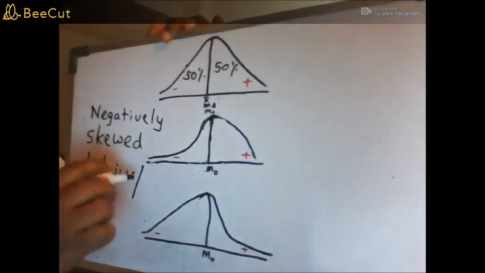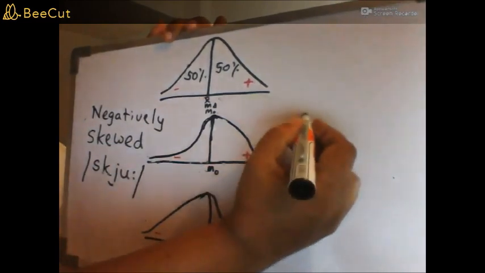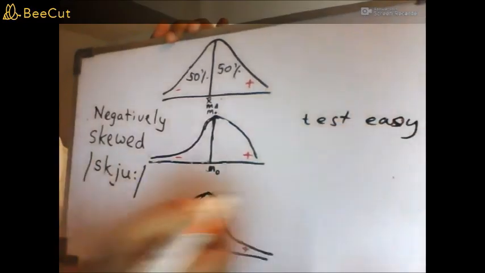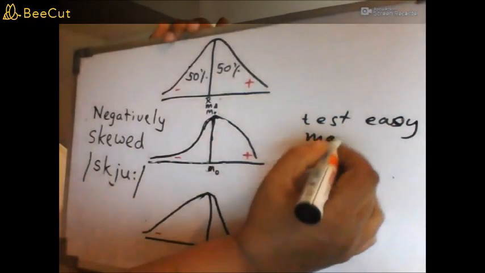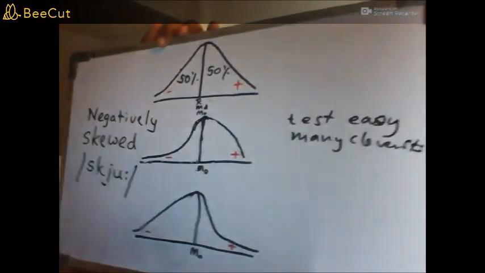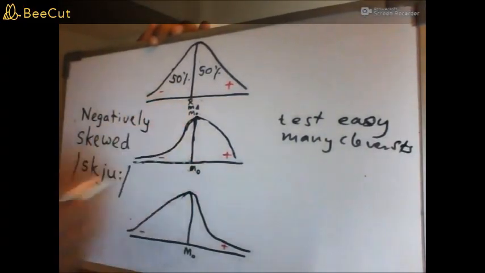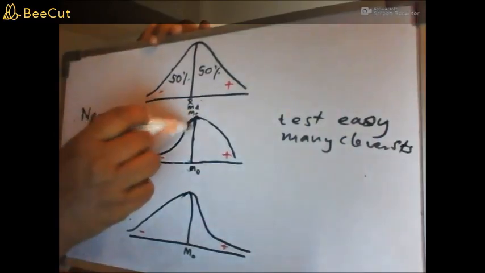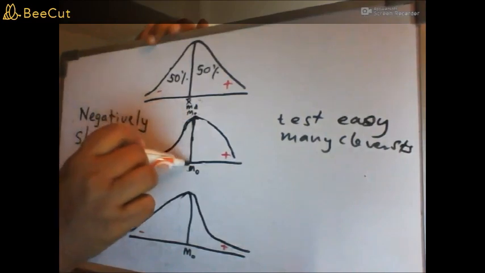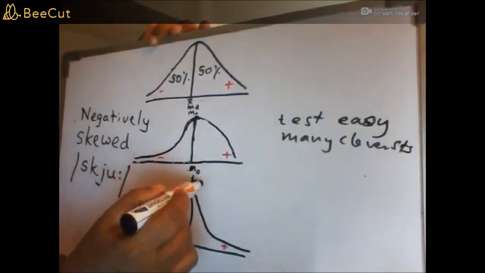So if the curve is negatively skewed, what are the things we can assume then? The test is easy, and there are many clever students. And another very important thing, always the highest line is the mode. The mark scored by a large number of students, right? Amal, Bimal, Simali, all the students are on this. That is the mode. If the mode is here, it can be 60 according to our example.